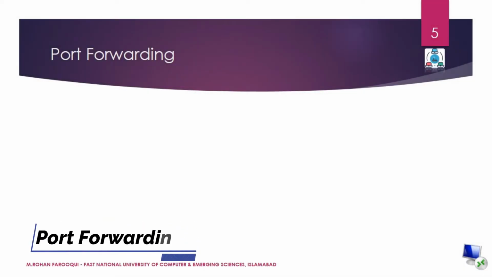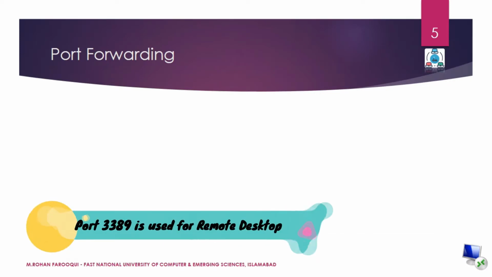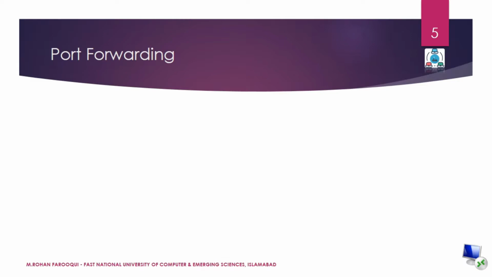Now the next topic is port forwarding. What is a port? Basically it is the location where the information is sent. Let me give you an example of remote desktop. If port 3389 is open in your modem's firewall, then a particular PC in that network can be accessed from outside of that network.